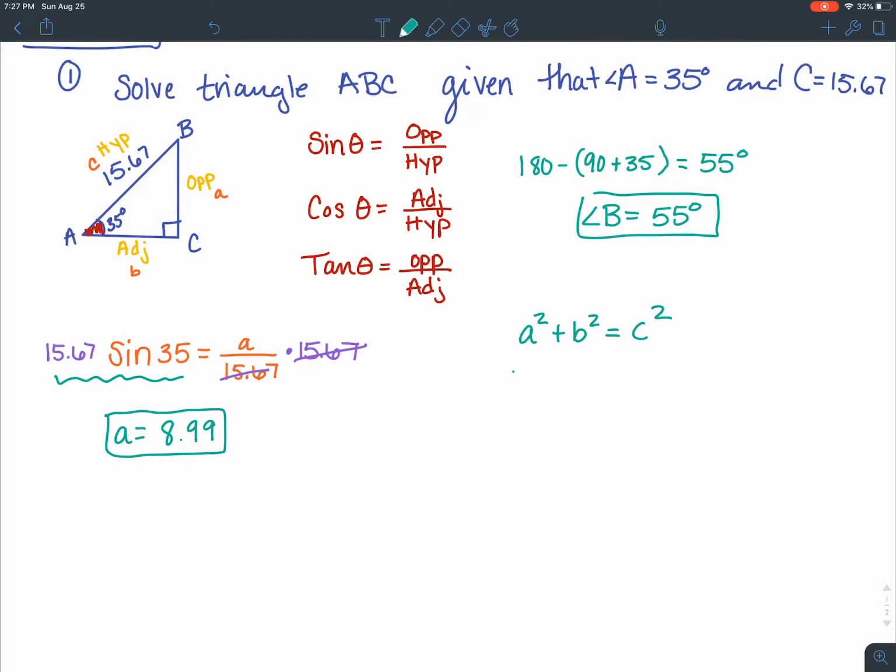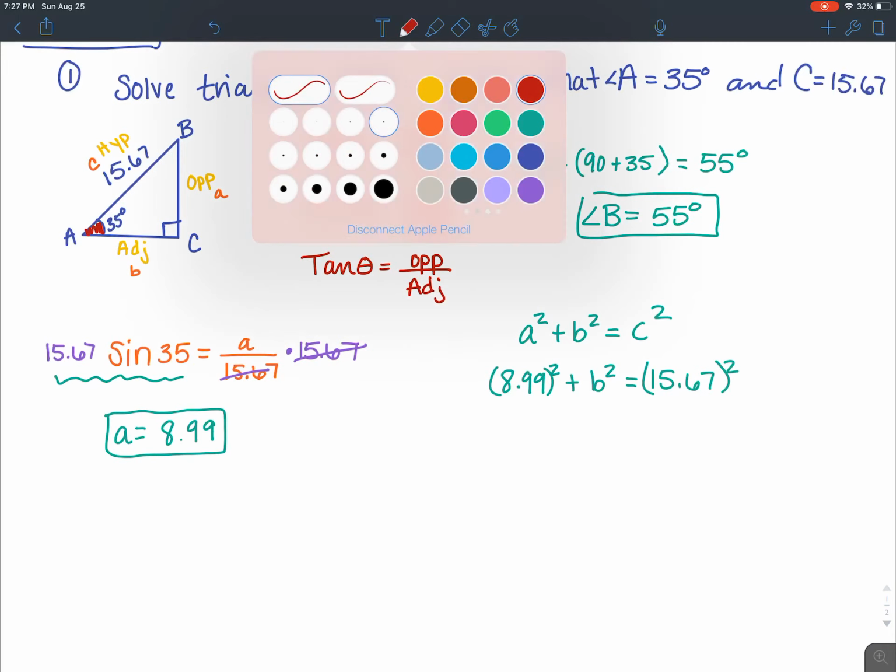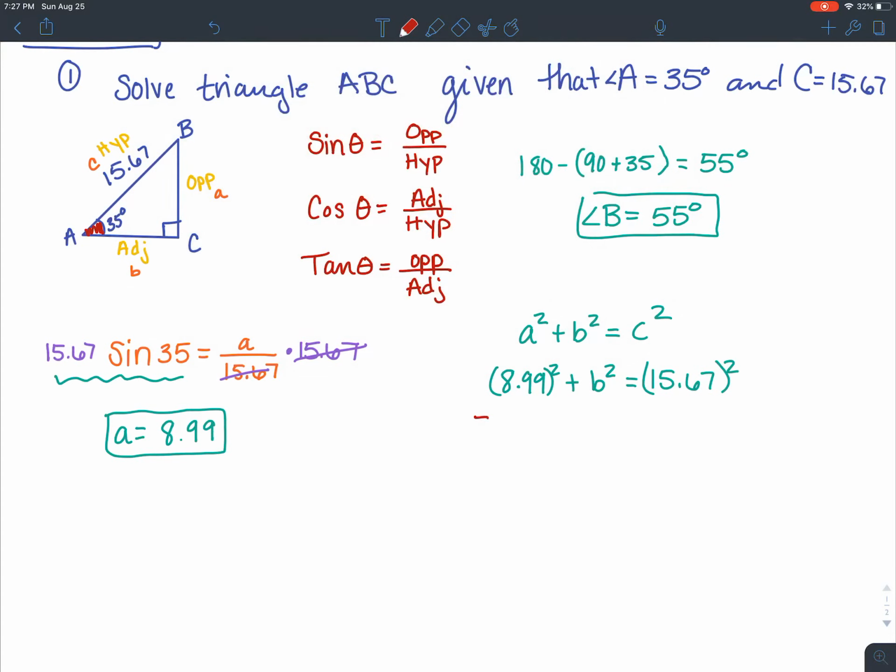So we know that a is 8.99 squared, plus we don't know b squared, equals 15.67 squared. So to solve for b, I'm going to subtract 8.99 squared from both sides.